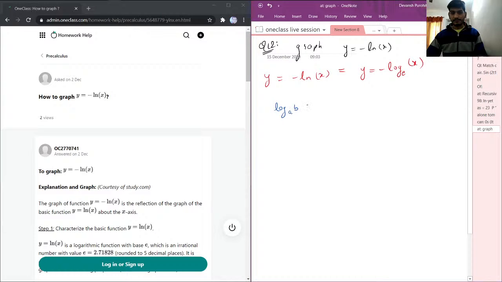Log base a of b is equal to y, then b will be a power y, and another property will be log of b power a equal to c, this will be c equal to a times log of b.